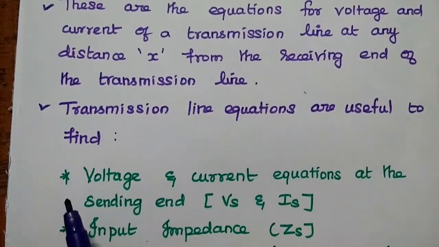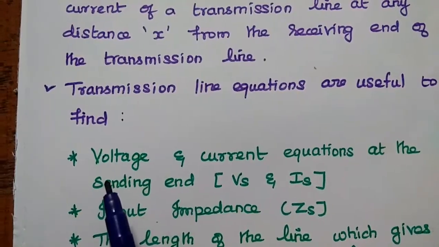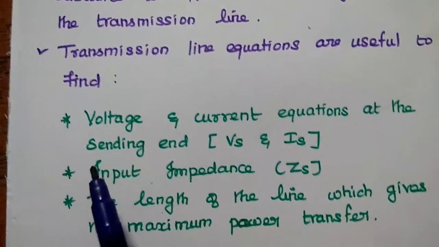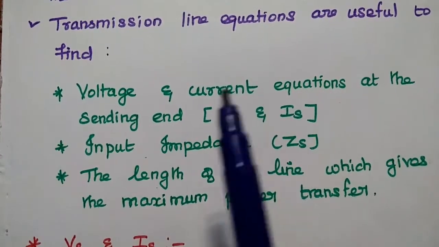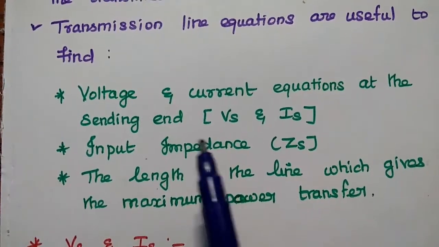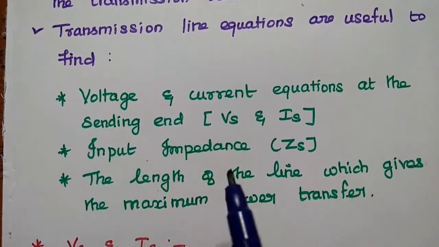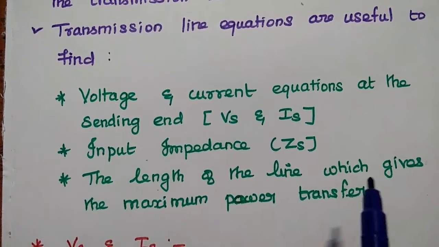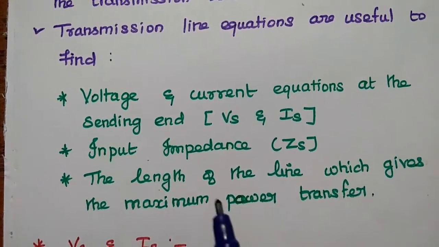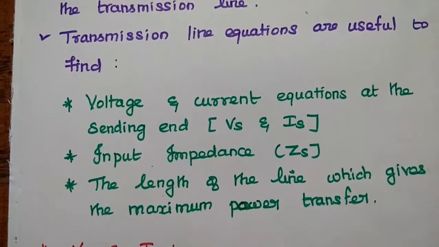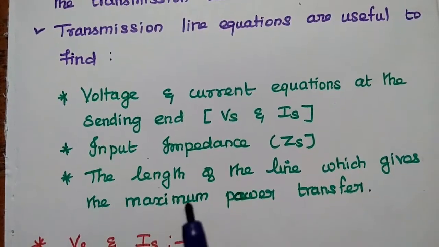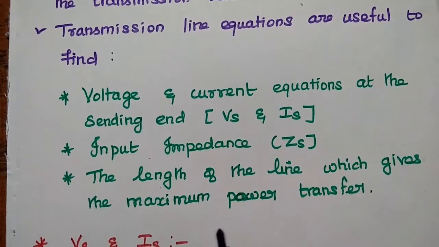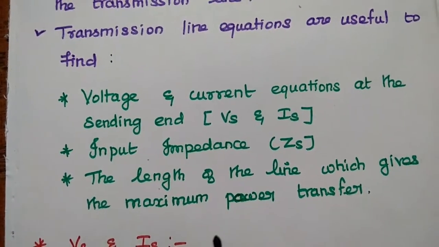So the physical significance of these transmission line equations is to find the voltage and current equations at the sending end. The input impedance and transfer impedance can also be found by using these equations, and also to find the length of the line which gives the maximum power transfer.